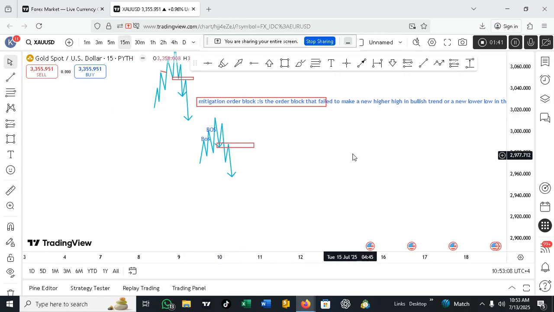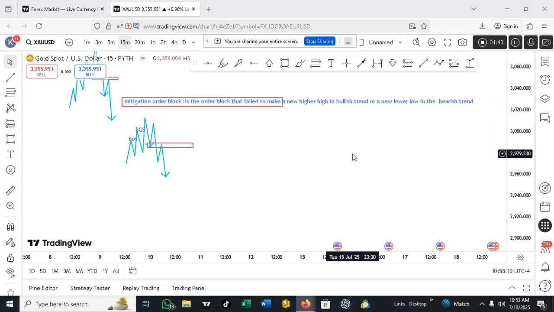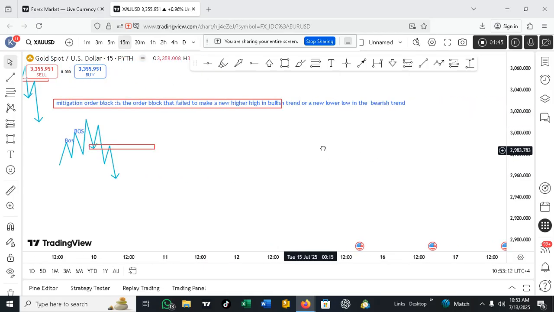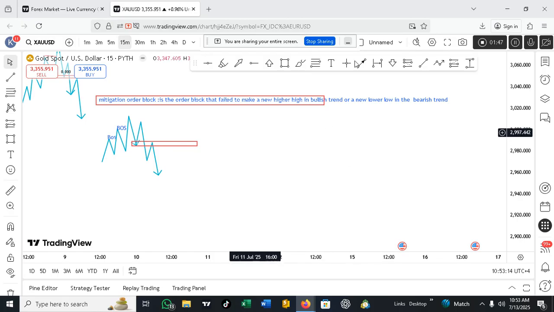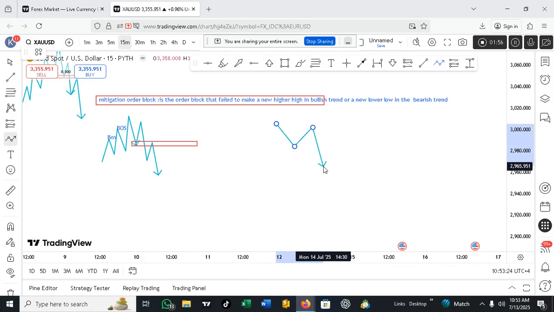Now when we go into a bearish market, the market was in a downward trend, like this, making lower highs and lower lows.